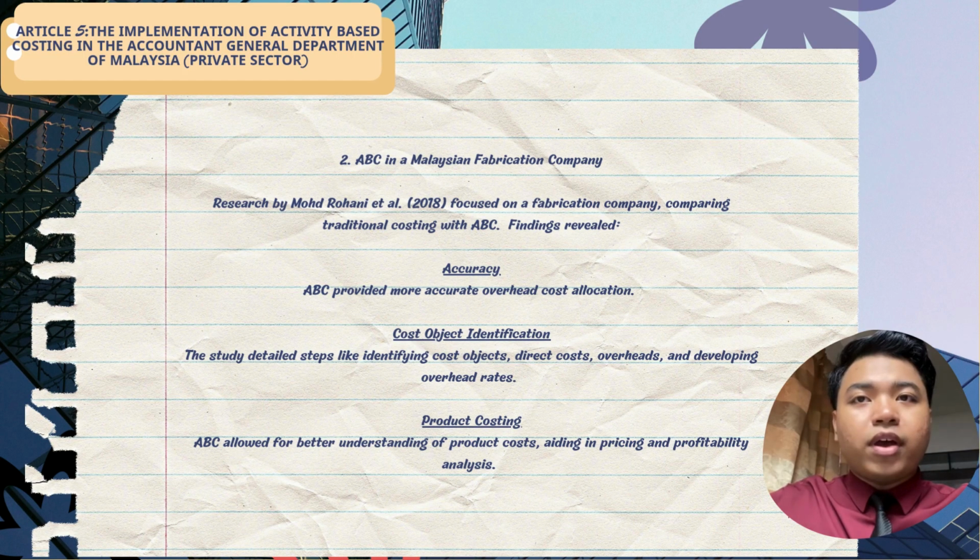Steps include identifying cost objects, assigning direct and indirect costs, grouping them into cost pools, and using cost drivers to allocate overhead. Third, decision making. The company could now identify which products were profitable and where cost reductions were needed.